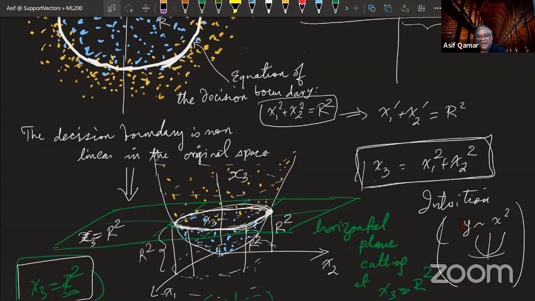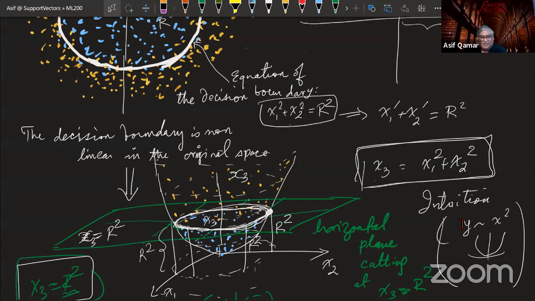For every point, the x3 value, the lift, the going up in x3, is equal to the square of its distance from the center. So because it's a square, it will look like a quadratic surface. So the distance, every point is x square plus y square plus z square.